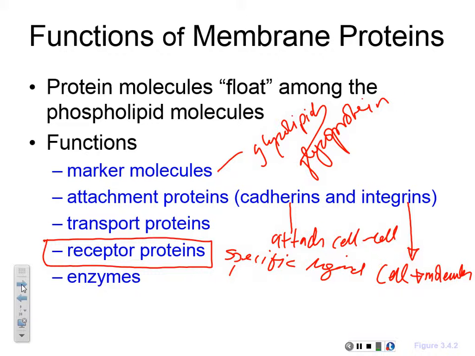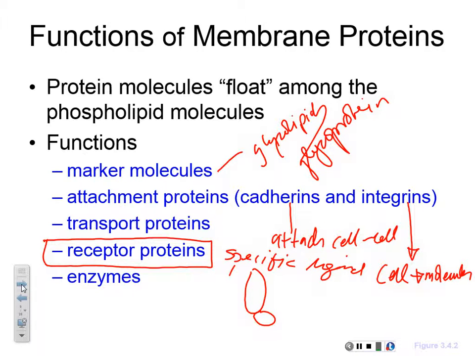Such as G protein activators. A G protein is a transmembrane protein, and then it's attached to another enzyme inside of the cell that will produce another molecule, which acts like a second messenger.